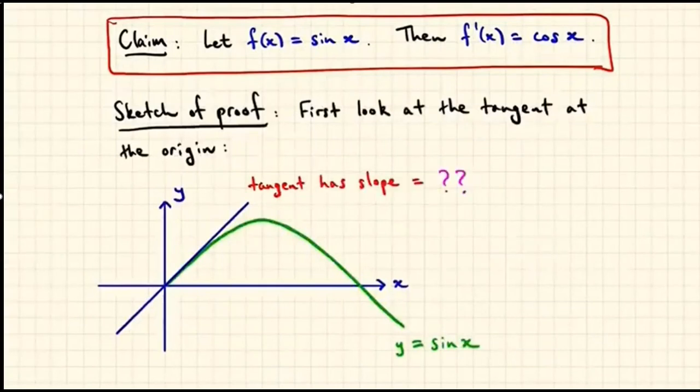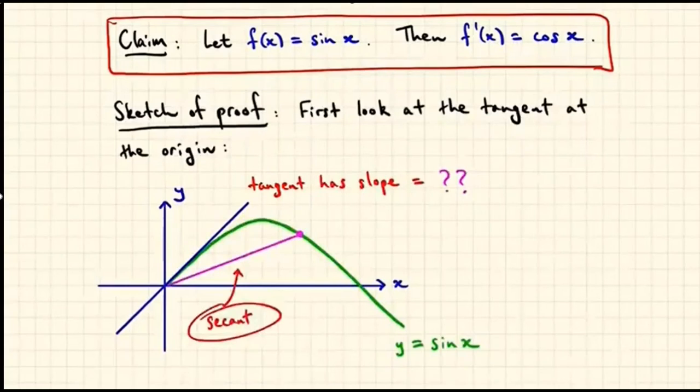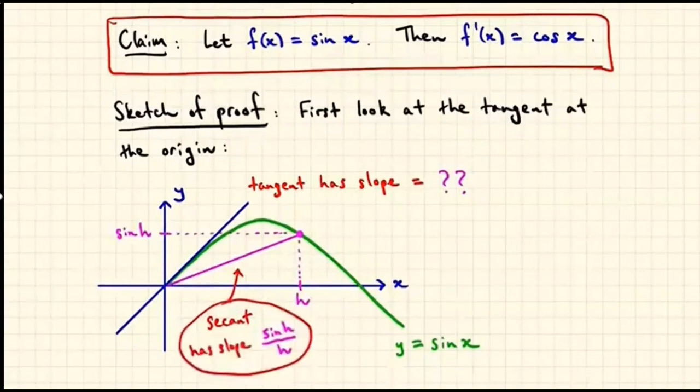Take a point on the curve and form the secant that joins the origin to this point. The horizontal run is some number h, while the vertical rise becomes sine of h. So the slope of this secant is sine h over h.